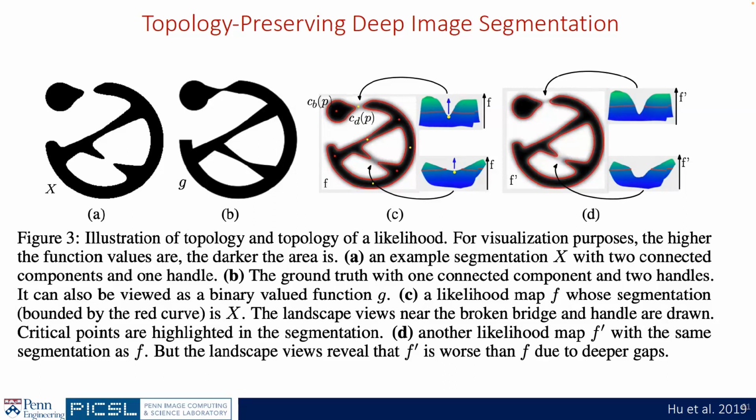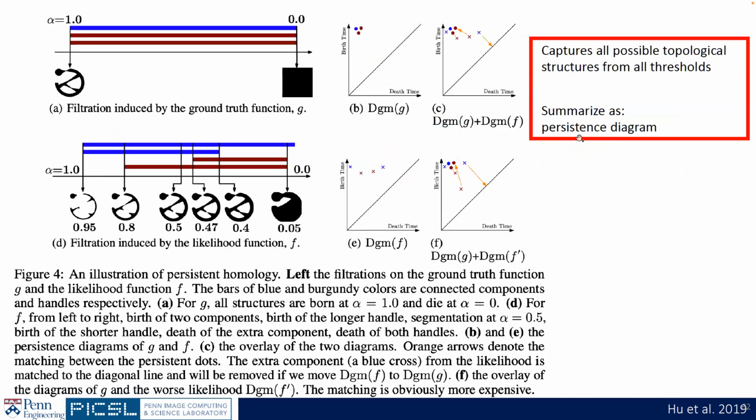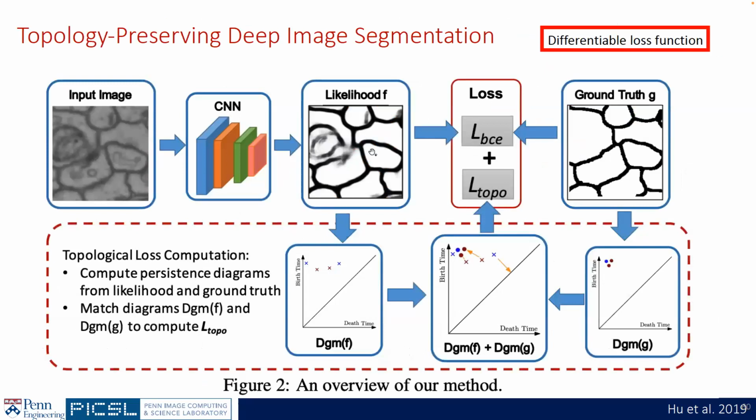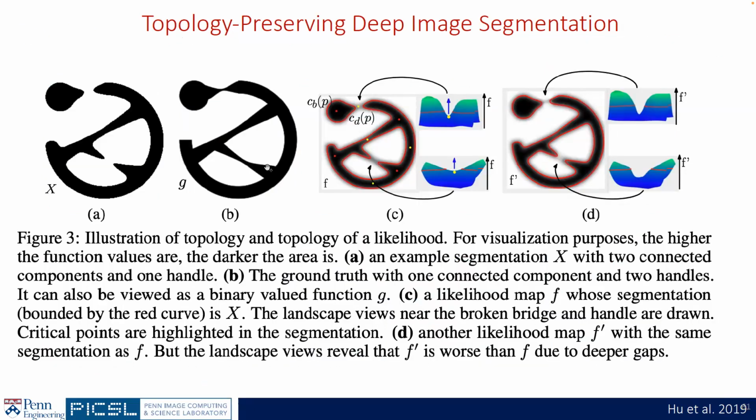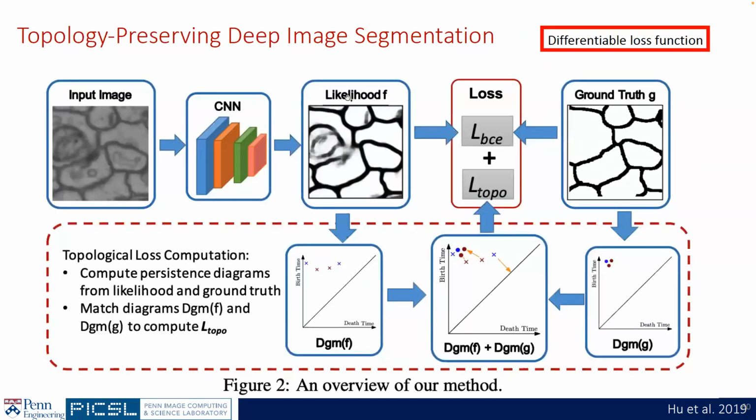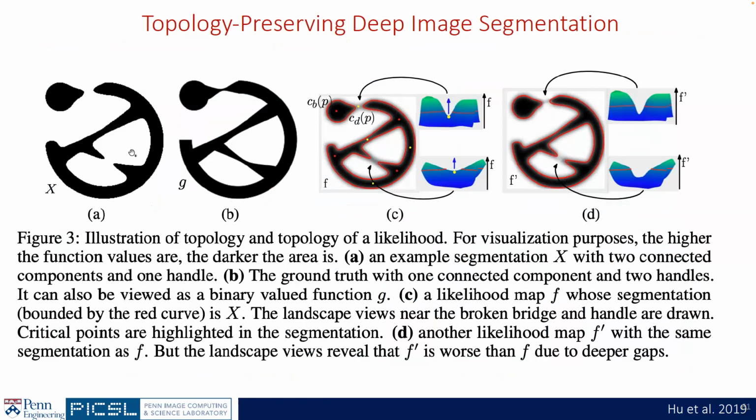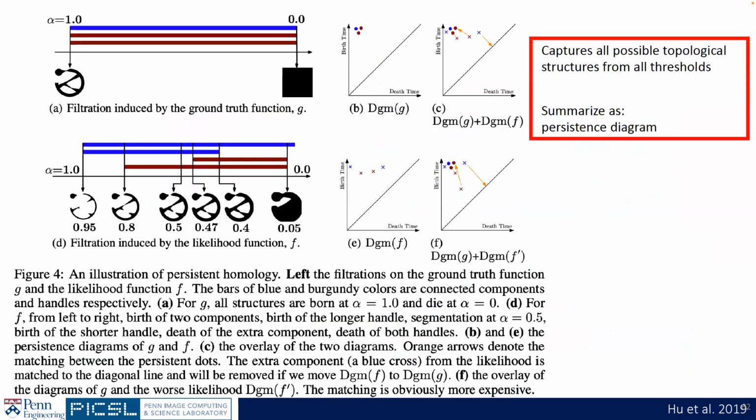Recall that the ground truth is G, and the likelihood function, which is your softmax output, is F. One more thing you already know is that you can threshold your likelihood function at different probabilities to get different segmentations. You can threshold at 0.5, or have a more conservative threshold at 0.8, 0.9. You are very familiar with this, so we'll leverage these properties to come up with a loss function.